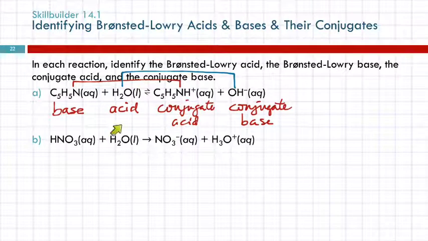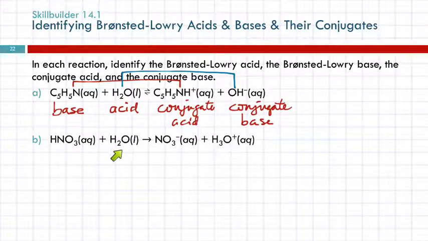So that tells me that this is an acid-base pair. The acid's on the left side of the arrow, the conjugate base is on the right side of the arrow. And this is a pair, a base and its conjugate acid. Any other questions?